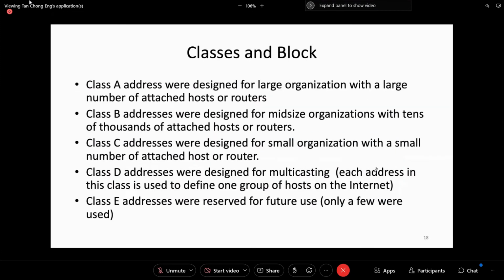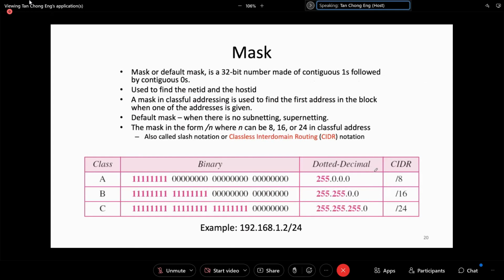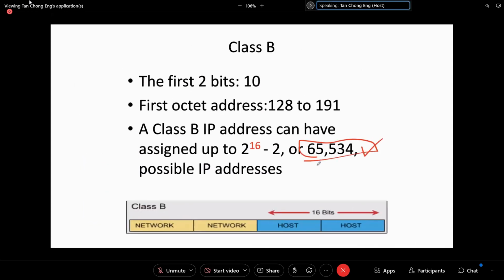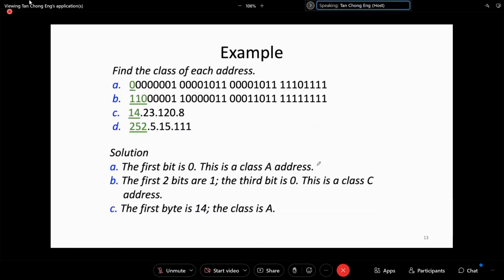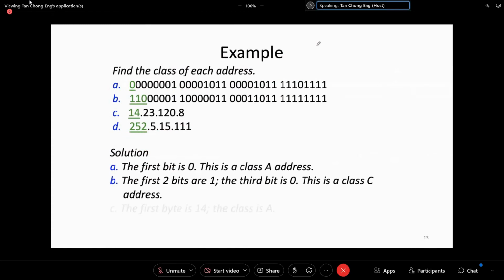So classes and blocks. I think these are straightforward. It is net ID, host ID. Okay, this is net ID, and this is host ID. So it's the same thing, just a different name.